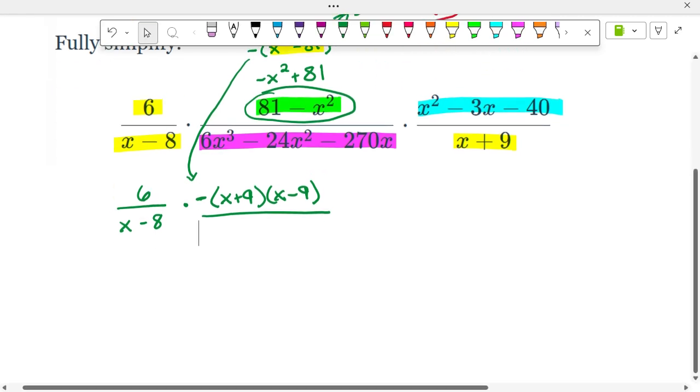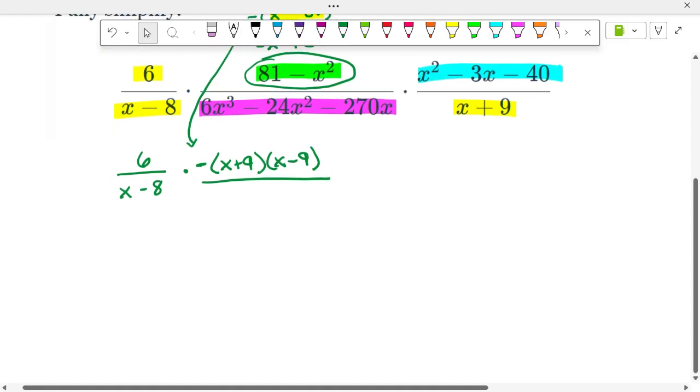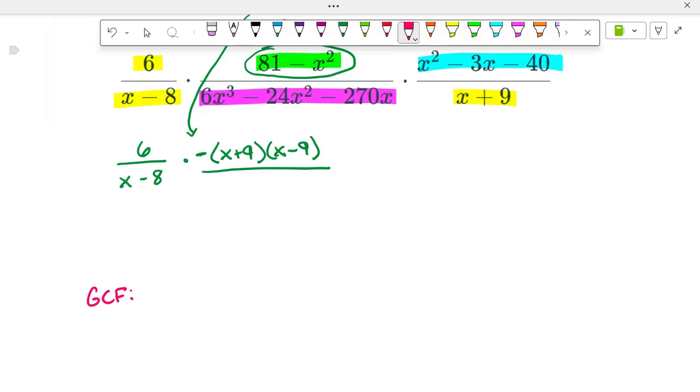So with the pink one, first off, what's something that we can obviously take out before we even start doing big X and everything? Greatest common factor, what is it? 6x, good. So each of these can be divided by 6. Each of these have at least one x because that's the smallest exponent over here.